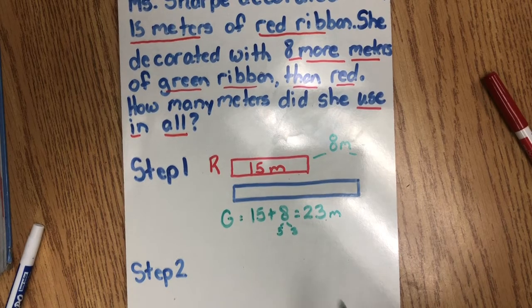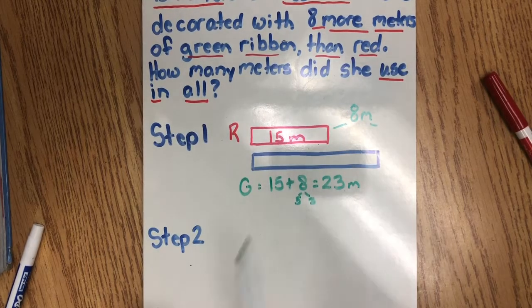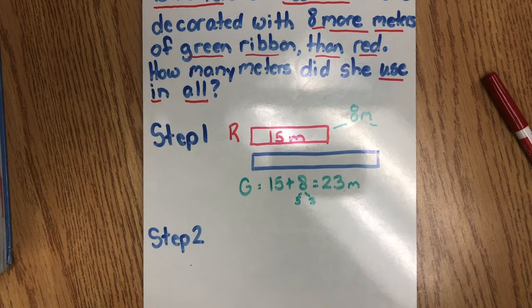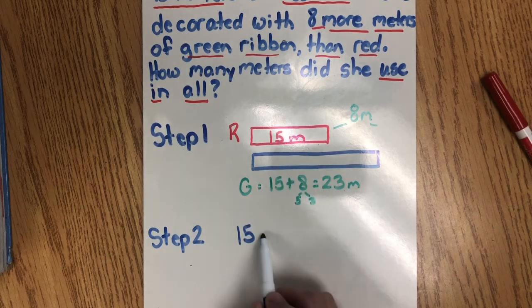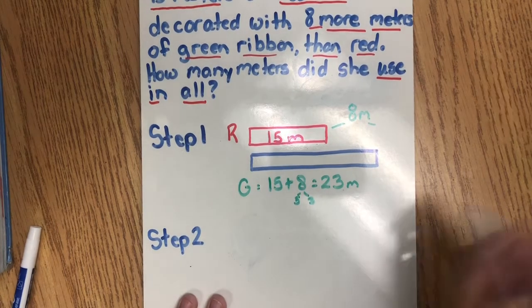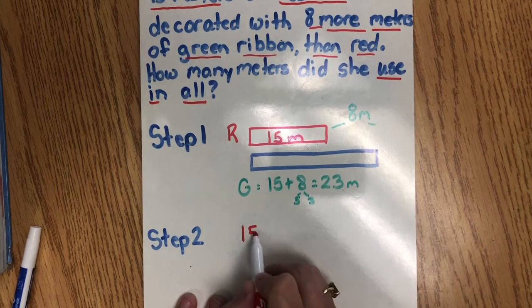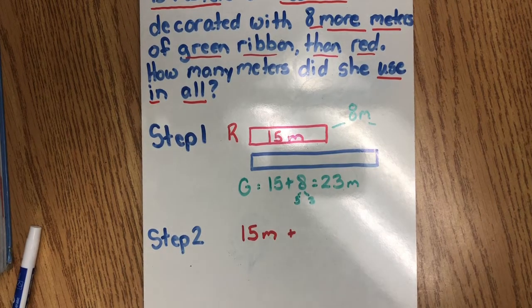So for step 2, when it says find how many meters did she use in all, our equation is 15 for the red plus, actually I can do that in my colors to make it easier, 15 for the red, 15 meters, plus, how many meters of green did she use?